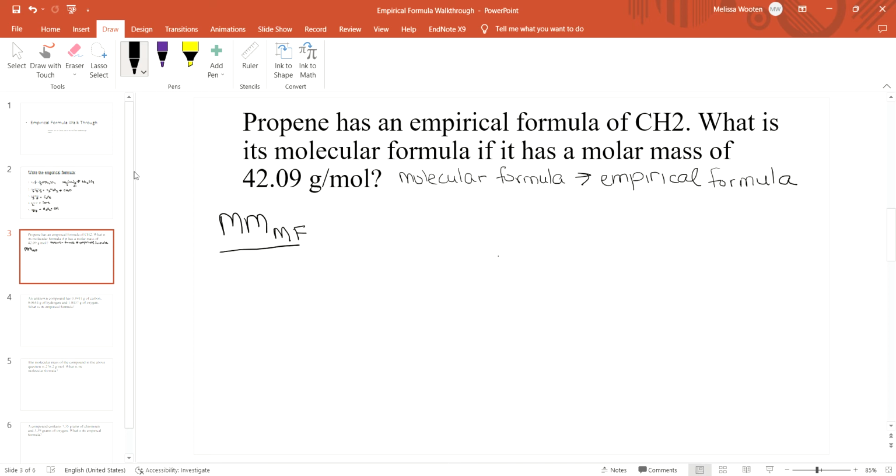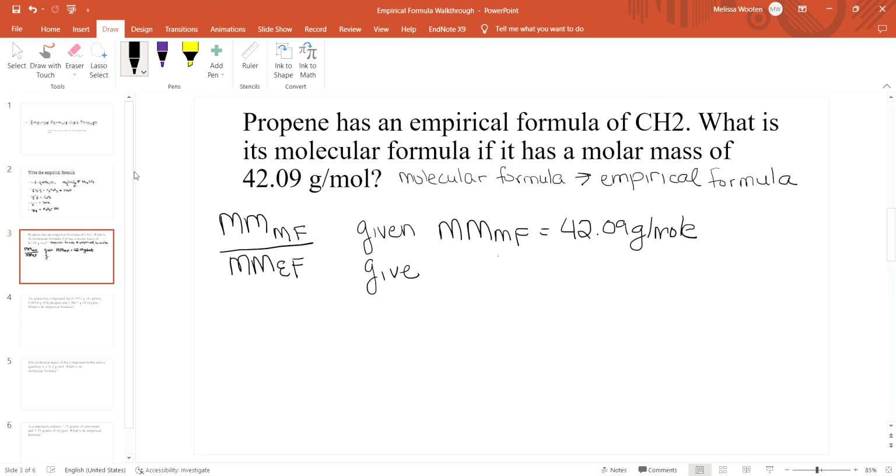You take the molar mass of the molecular formula and put it over the molar mass of the empirical formula. Alright? And so you were given the molecular mass of the molecular formula, which equals 42.09 grams per mole.